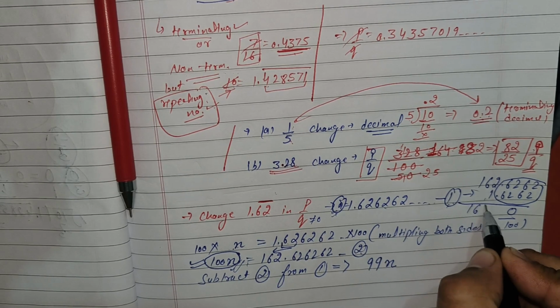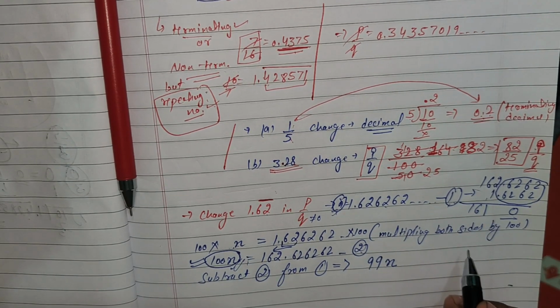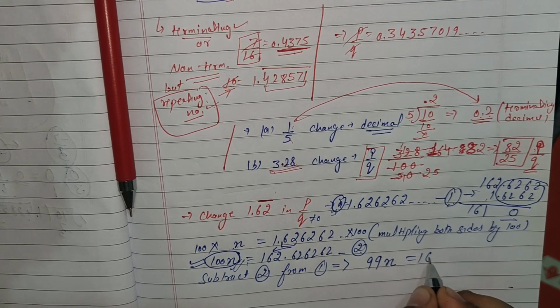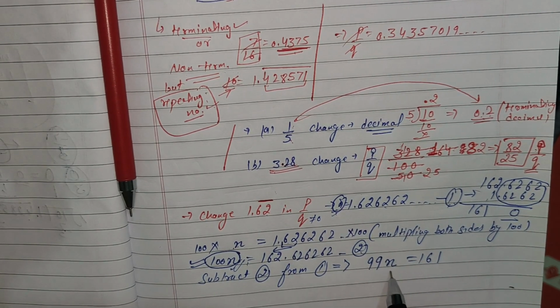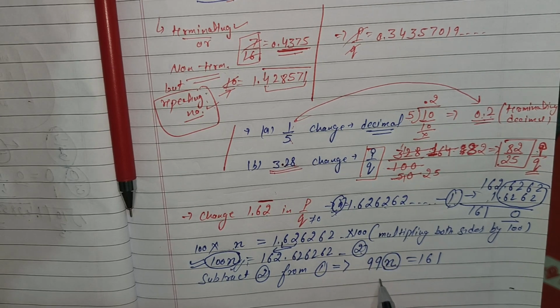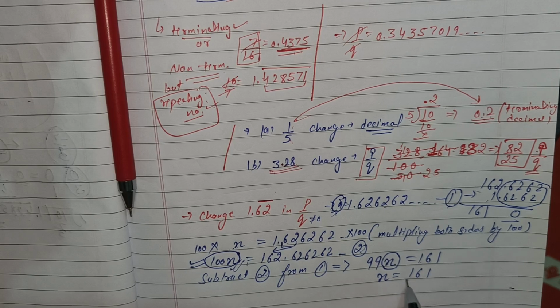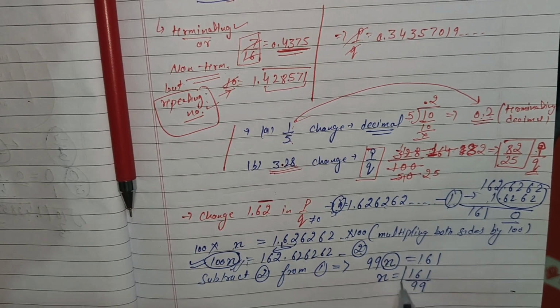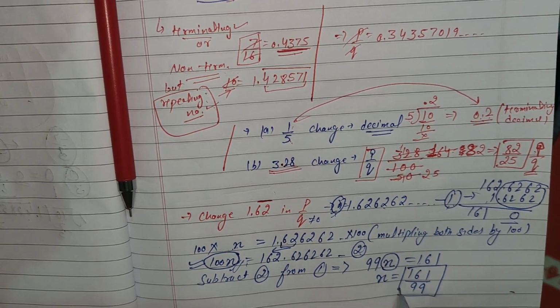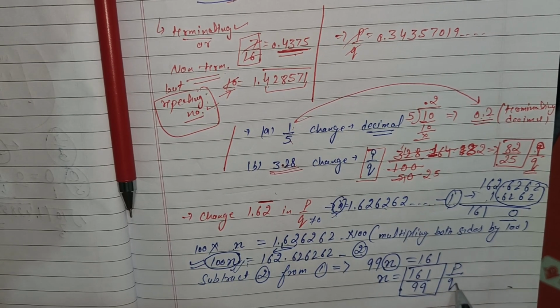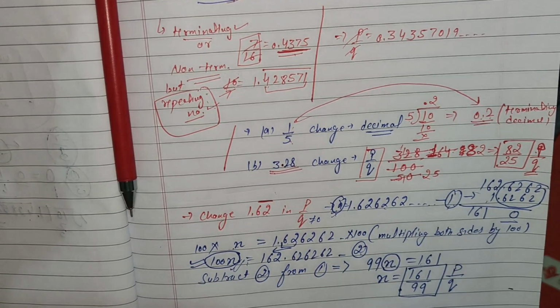We will get 161. So 99x is equal to 161. Now we just write x is equal to 161 divided by 99. This is our fractional value, or rational value, in the form of P upon Q. I hope you get it.